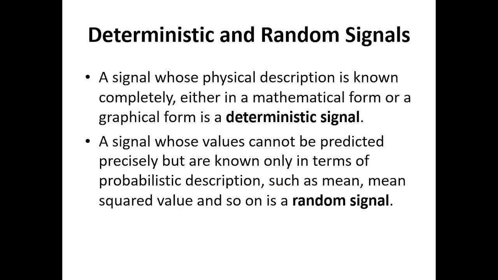Then deterministic and random signals. Deterministic means it can be governed by a mathematical form or mathematical equation or a graphical form, whereas random signals, they are usually defined using their statistical or probabilistic distribution values like mean, mean squared values and so on.